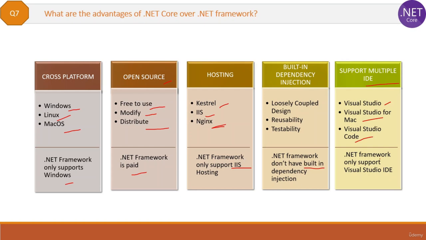Whereas .NET Framework only supports the Visual Studio IDE. In short, I will say with the combination of .NET Core and VS Code, the complete package is free for all. Remember, .NET Core is the future of .NET Framework. Now in the next part, we will see some more questions on .NET Core which are equally important.